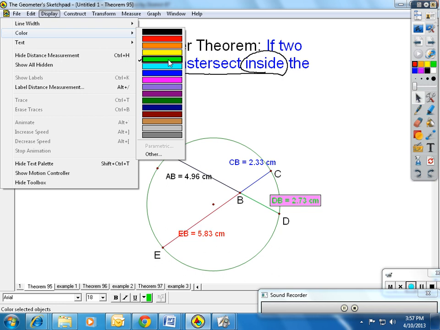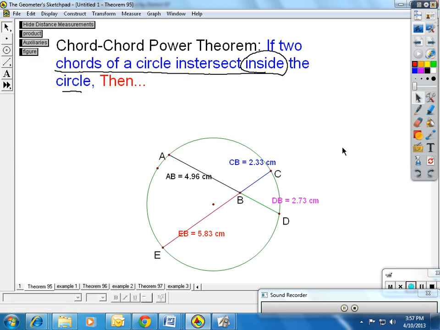If so, let me get that a different color. Inductively, we're going to take a look at the product of this length times this length. When I take EB times CB, I get 13.56. And lo and behold, when I multiply these two segments, I get 13.56.